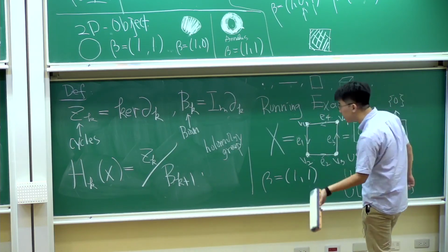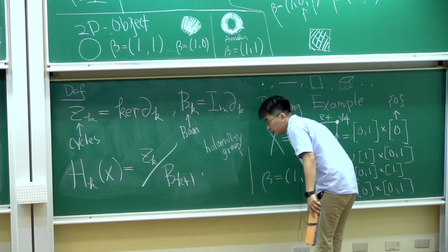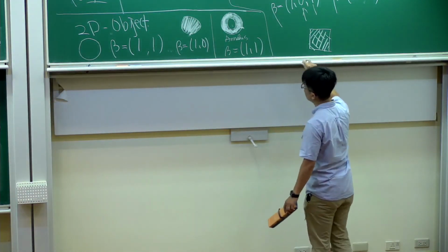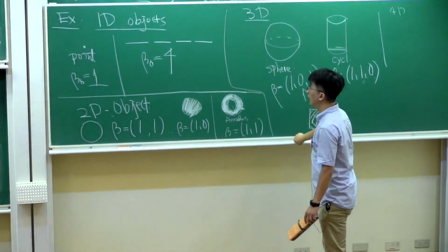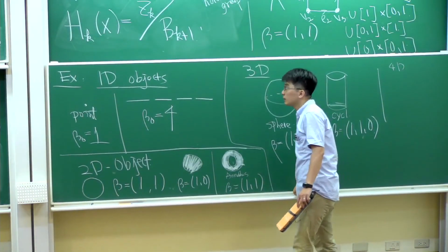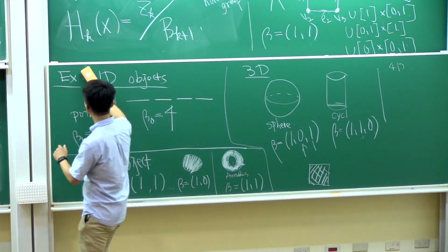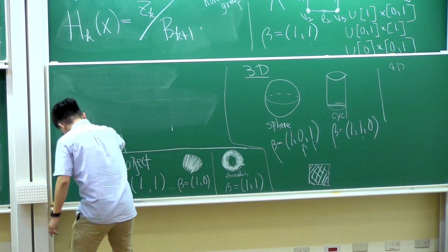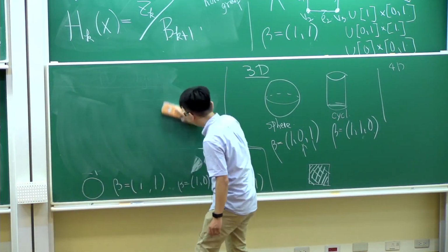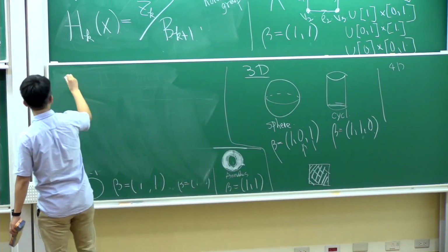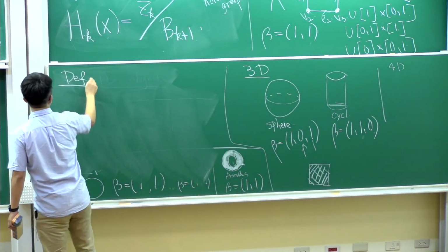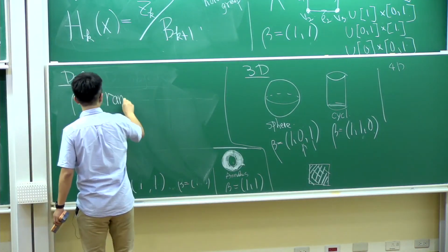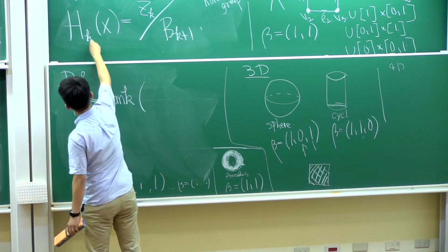And we can go back to this. What is the Betti number in this case? Well, the Betti number will be the rank of the homology group. So this is the definition. The Betti number is the rank of the homology group.